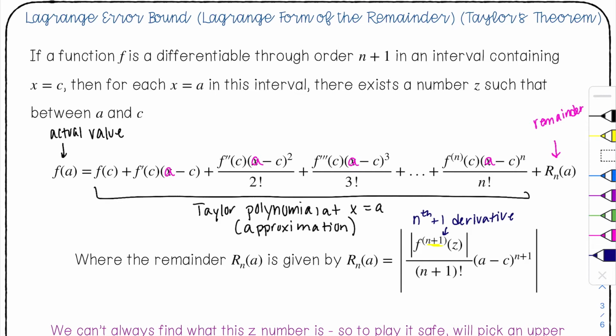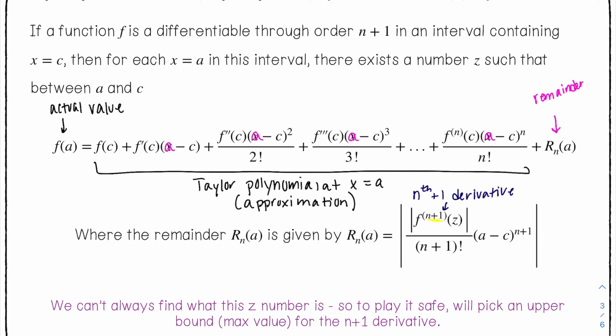Where a is the number you're trying to find the value at, and c is the center of your Taylor polynomial. That's a lot. It looks super crazy, and it actually isn't as hard as it looks.